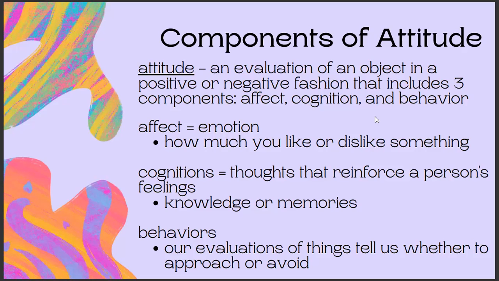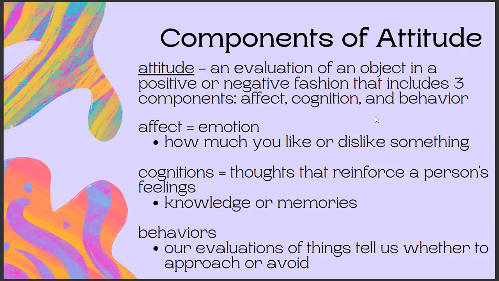I don't really have a ton of knowledge about apples, but my memories are the times that I've eaten them. I've enjoyed them. Biting into that crisp but sweet apple, it makes me happy, and I really like them. So my behavior towards them, so my evaluation of both that I like them and my positive memories I have about them tell me to approach apples, to buy them.